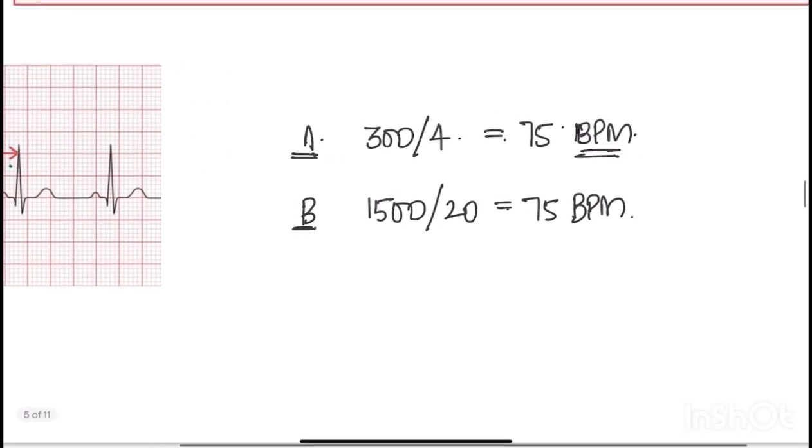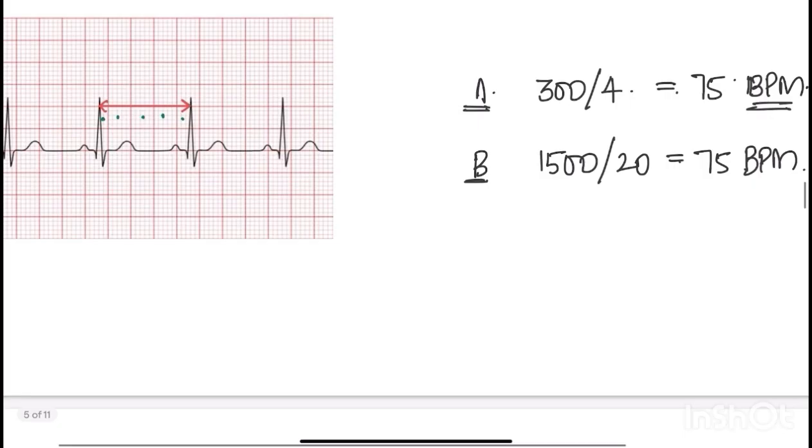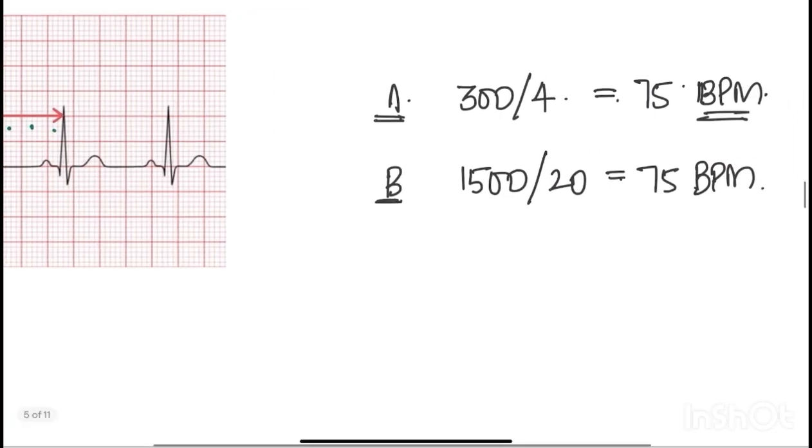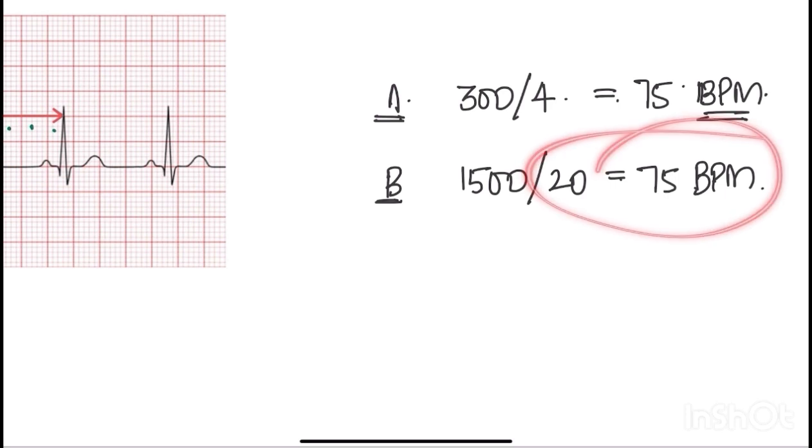So what would be the calculation? 300 divided by 4, that comes to 75 beats per minute. If we calculate the small boxes, 5, 10, 15, 1, 2, 3, 4, 5, that means it is 20. So 1500 divided by 20, that comes to 75 beats per minute. Clear? Rhythm and heart rate is clear.